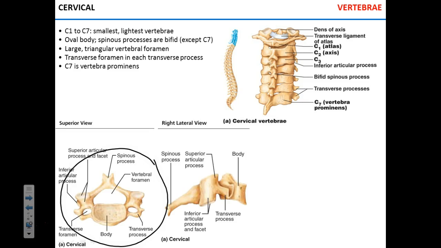So I show you, and you tell me. Cervical vertebrae are probably the easiest to recognize, from C3 to C7. This one is C6, but I'm not going to ask you the number.